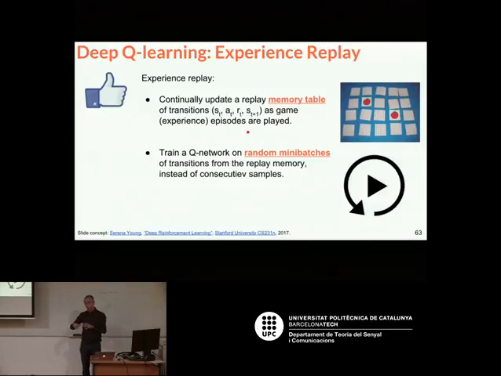But then when you train, you don't train on sequential state action sequences, you choose your samples randomly, and then you create mini batches to train your network this way. So you go to your memory table, take some random samples, and that's how you train your network. Then you let it play, you get more samples, you store them in your memory, and for training you take some new samples and train again. That's very important. Otherwise, you will have problems to train your network.